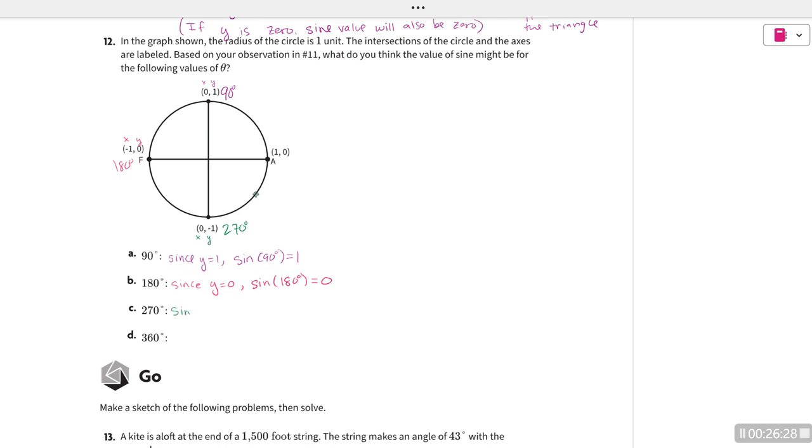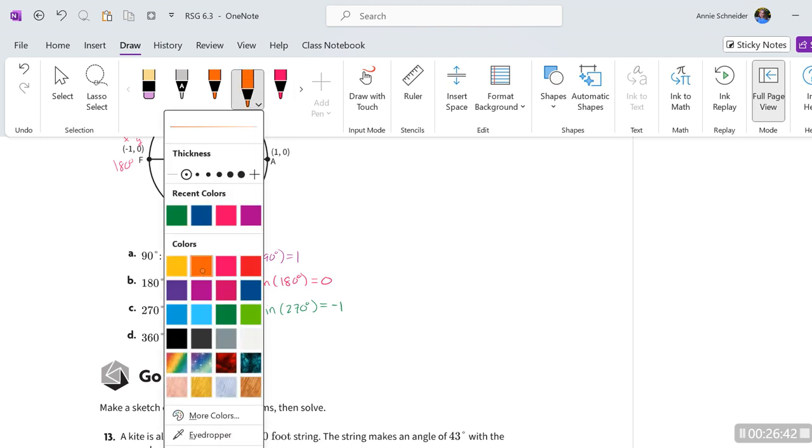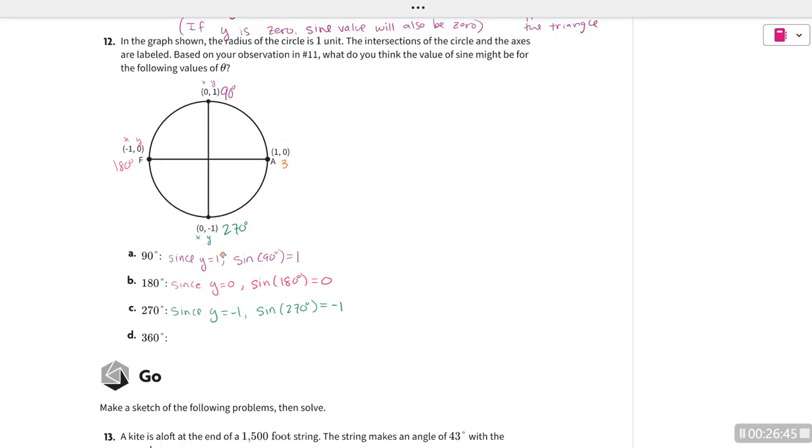So here, since y equals negative 1, sine of 270 degrees will also be negative 1. And lastly, here is our 360, same as 0, x and y. So since y is 0, sine of 360 degrees will also be 0.